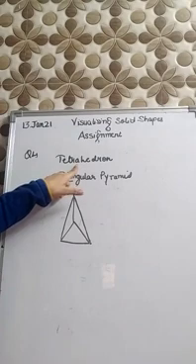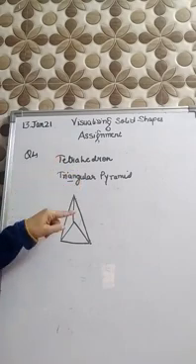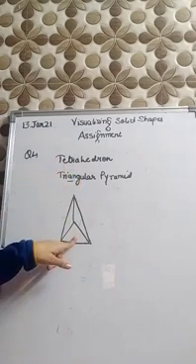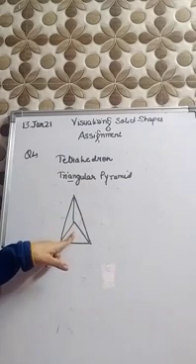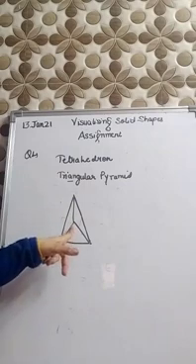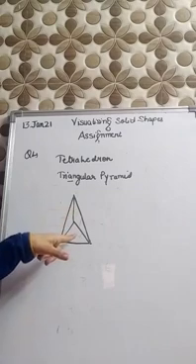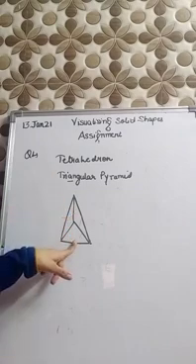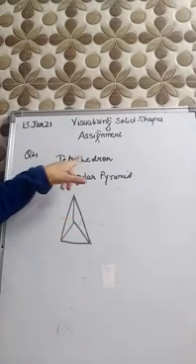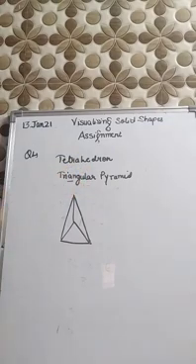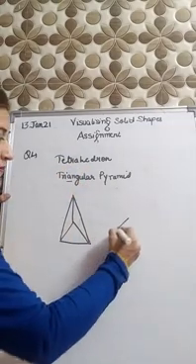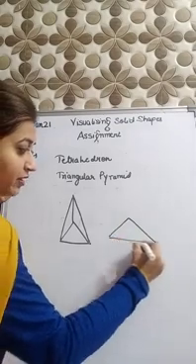And a tetrahedron is a triangular pyramid only if all the triangles formed here are equilateral triangles. All these are not equilateral triangles, so this is a triangular pyramid but not a tetrahedron. In the case of a tetrahedron, you will take all the triangles as equilateral.